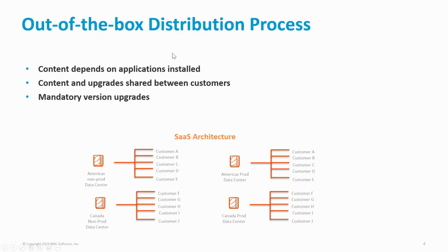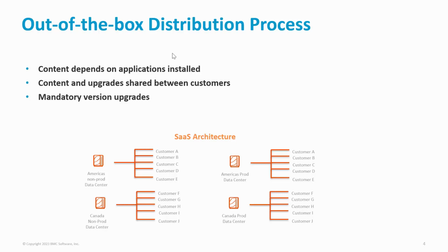I want to explain how the out-of-the-box content is actually distributed here at BMC, especially for the SaaS world. First of all, the number of out-of-the-box reports will depend on the actual applications that you have on your system.